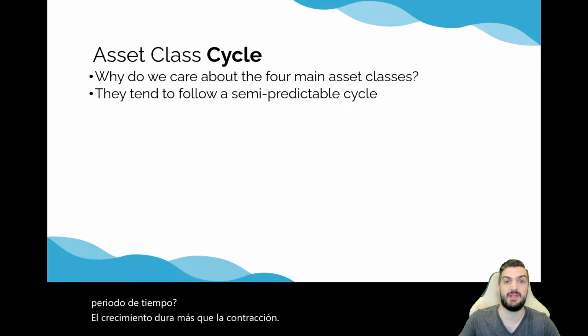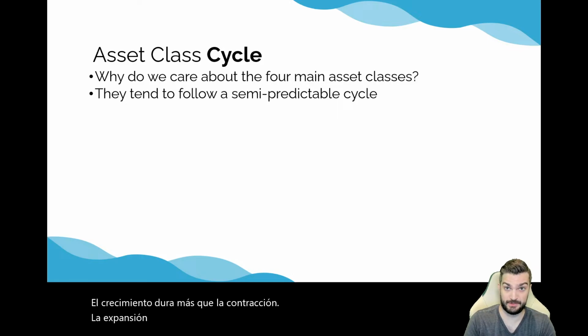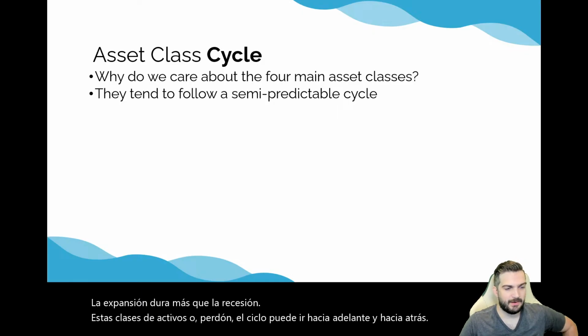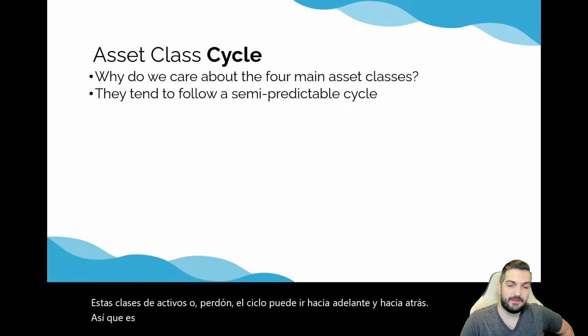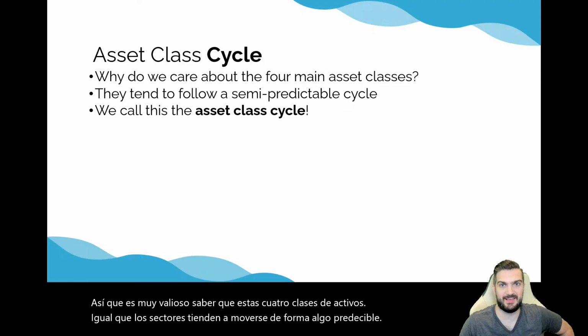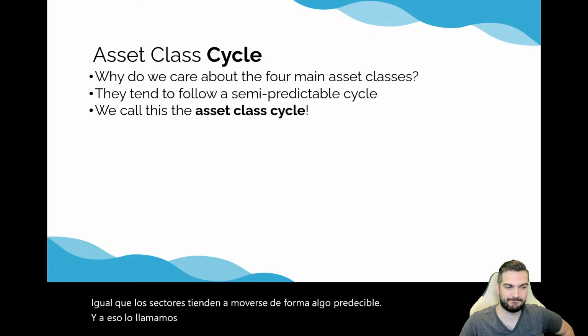Expansion lasts longer than recession. But also, the cycle can go forwards and backwards. So it's very valuable to know that these four asset classes, just like sectors, will tend to move in a somewhat predictable way. And we call that the asset class cycle.